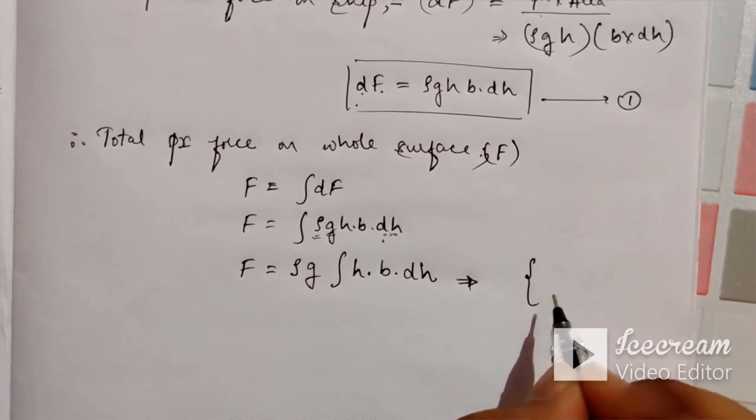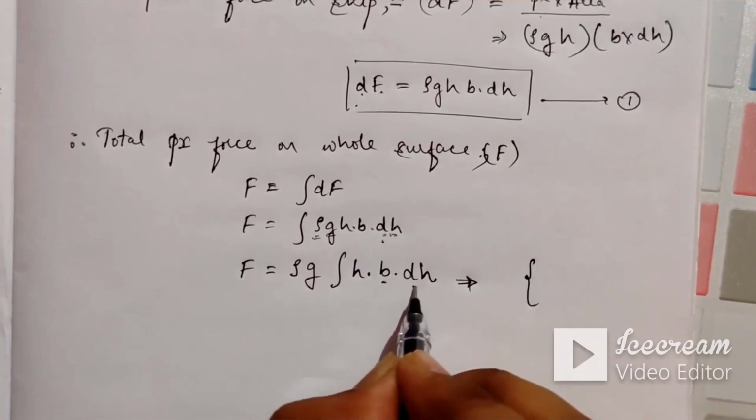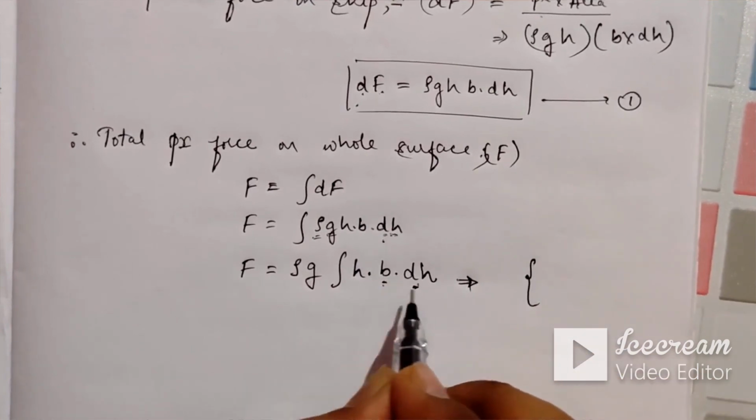See here carefully now. What is this b into dh?